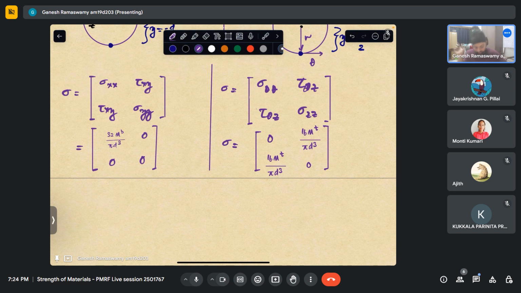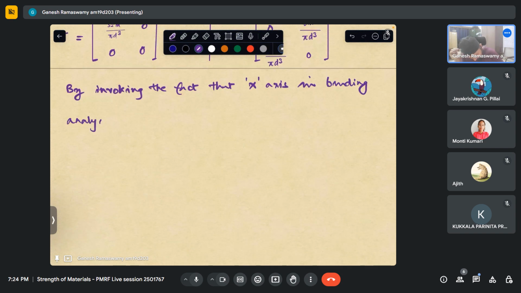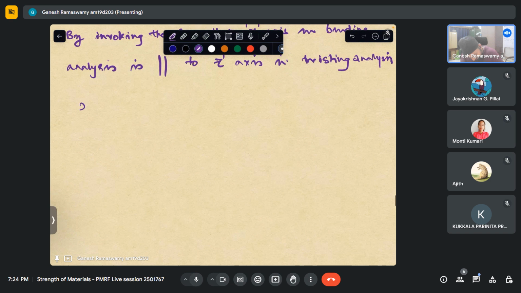Now, by invoking the fact that the x-axis in bending analysis is parallel to the z-axis in twisting analysis, so sigma xx of bending can actually sit at the place of sigma zz of twisting.